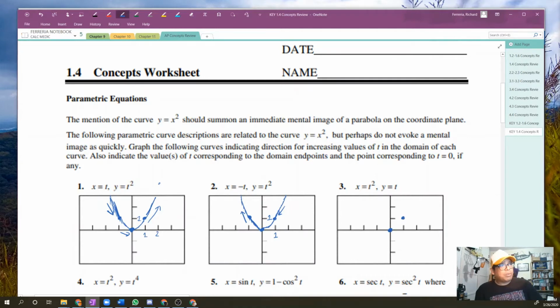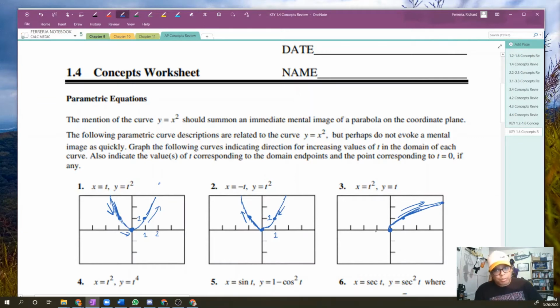When t equals 2, the x-coordinate is 4 and the y-coordinate is 2. So for this part of the parabola, and hopefully you're seeing this as a sideways parabola, we are going in this direction. Let's go backwards.